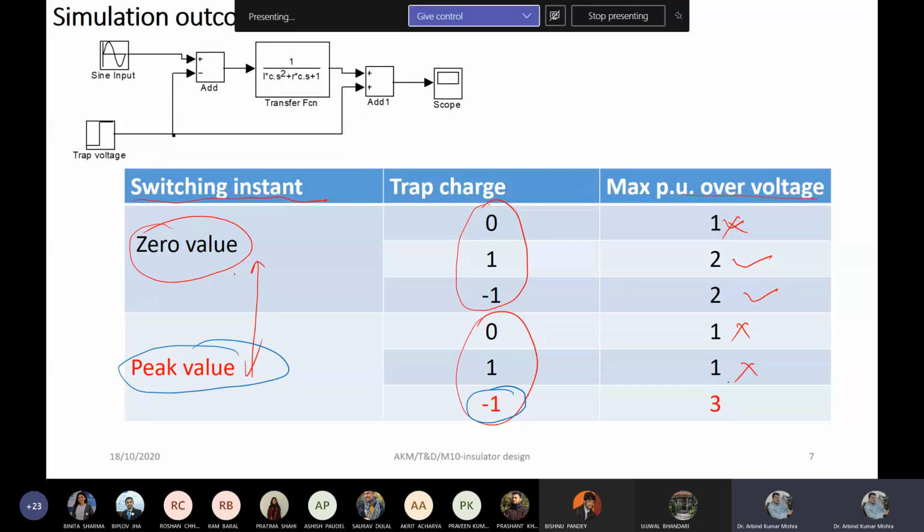Then the maximum overvoltage due to switching may be up to 3 pu, right?